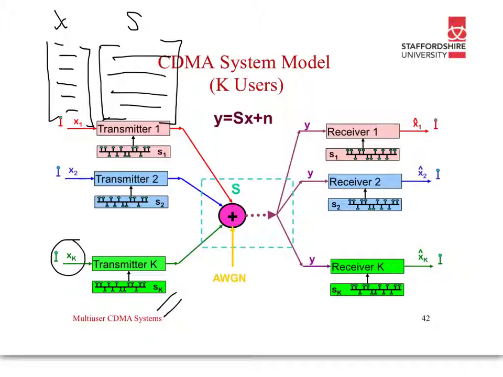I've drawn them as lines, these should be separate elements, and then at the output we multiply the received signal with the respective code, and we should get an estimation of what was transmitted. I'm going to go through an example in a minute.